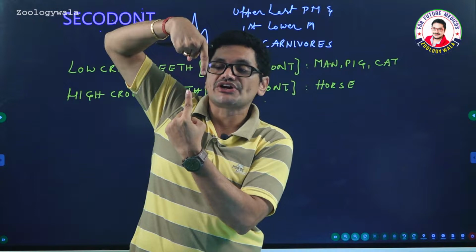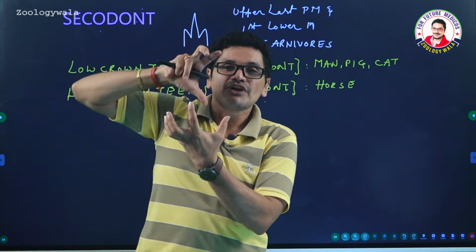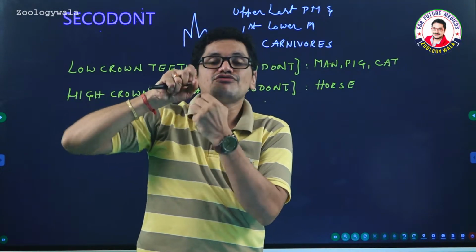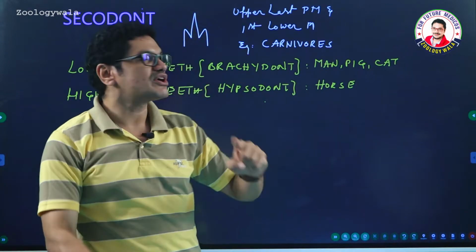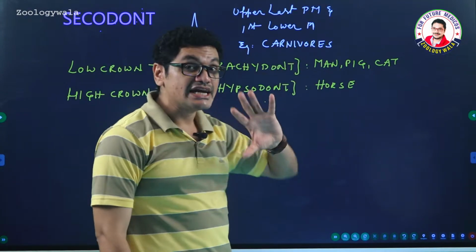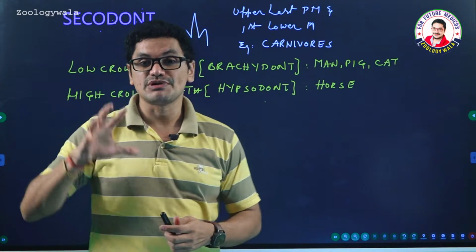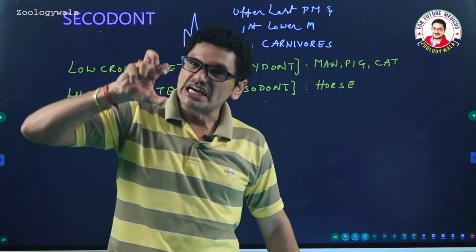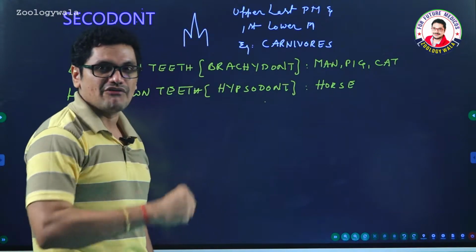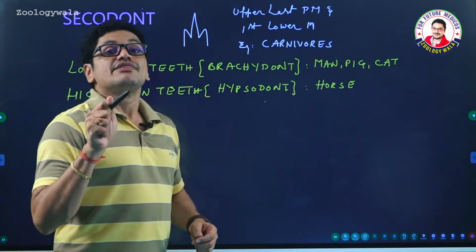What happens when they try to cut and crush the food material? Even bones undergo crushing. These are seen especially in carnivores, in dogs and tigers. That is the reason why they are able to cut the bone also. So much power will be there in the teeth.